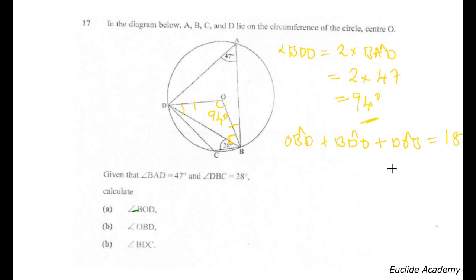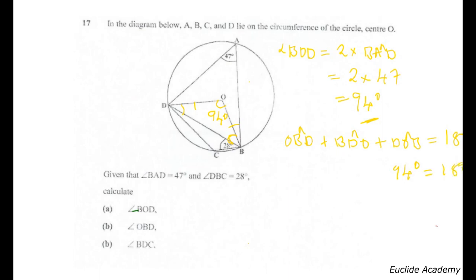Now I already know BOD, or DOB, is equal to 94 degrees. Here I'm referring to the same angle.